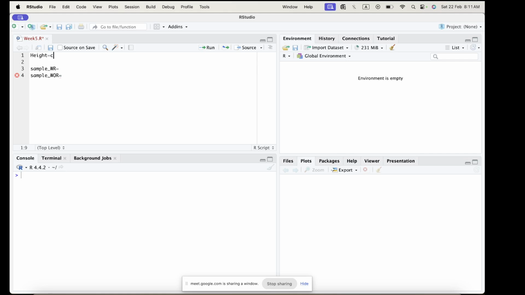By some means I know that the lowest possible height could be around 150 centimeters and the highest possible height around 180 centimeters. So this is my population.